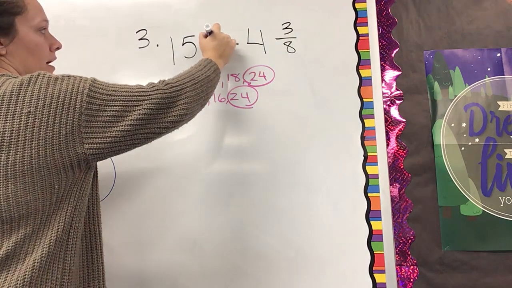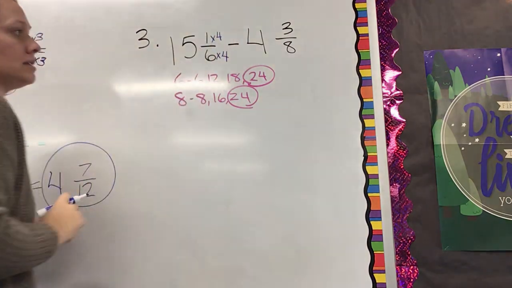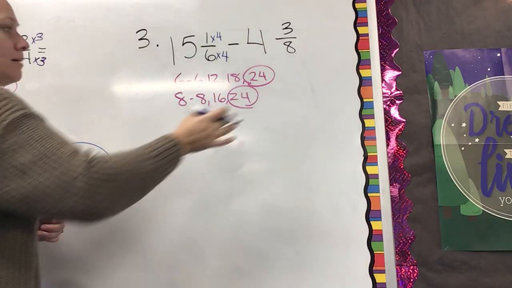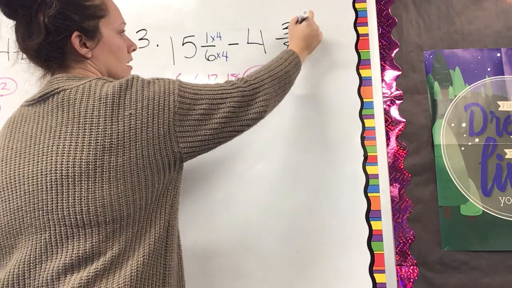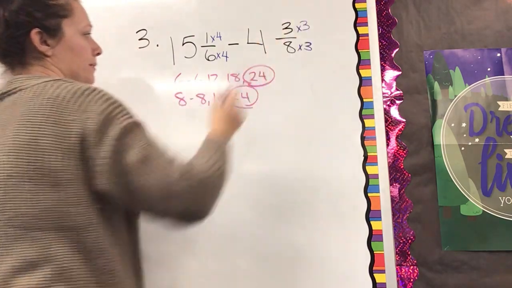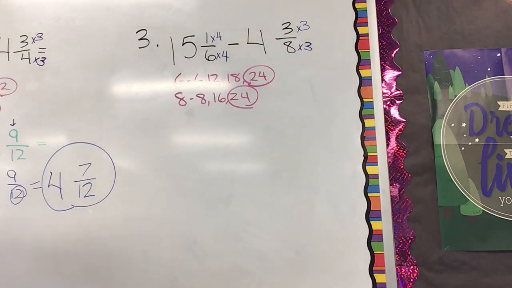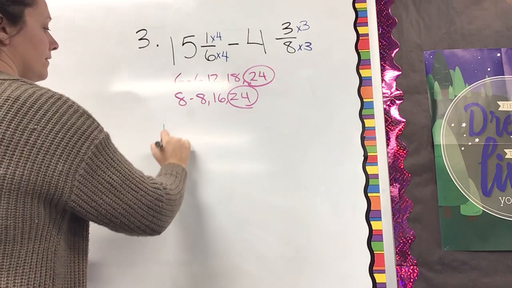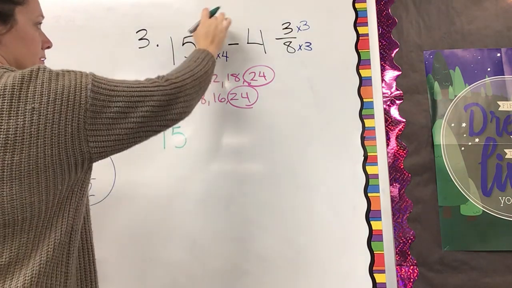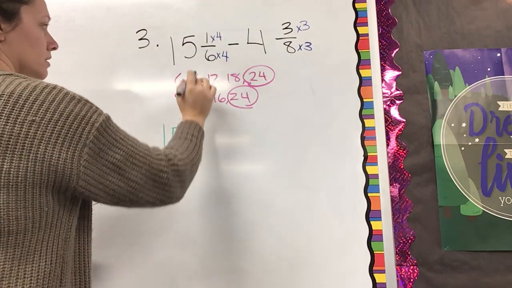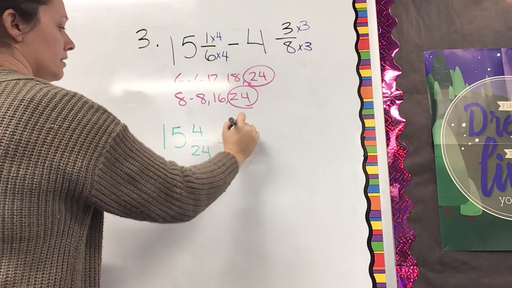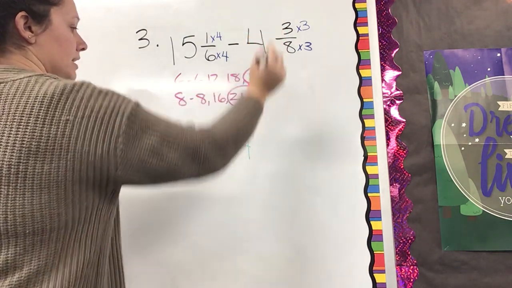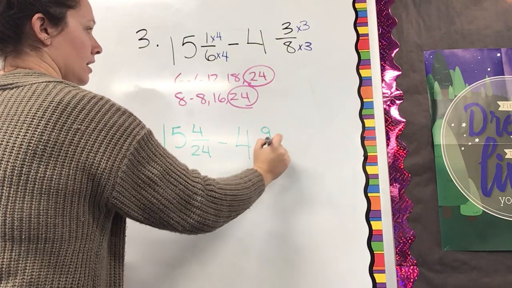When I do the bottom, I also do to the top. 8 times what would give me 24? 8 times 3, and then also to the top. Let's rewrite our fractions. I have 15, 1 times 4, 6 times 4, minus 3 times 3, 8 times 3.